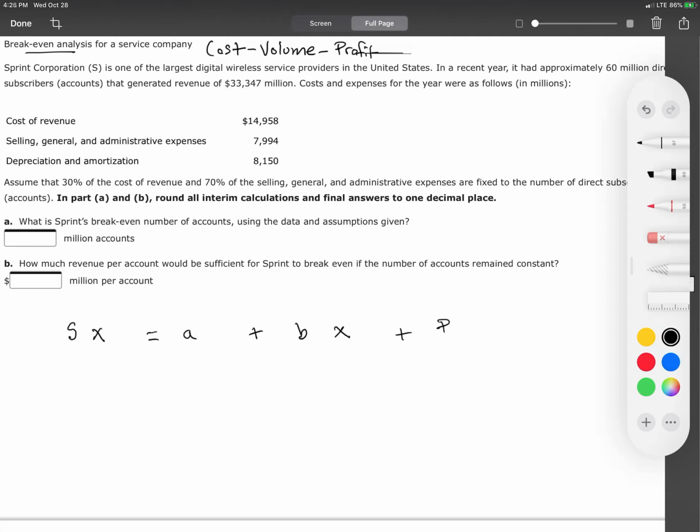So let's see here. Sprint Corporation is the largest digital wire service. It says 60 million subscribers. So 60 million is X. That's the number of units that we sell or subscribers that we have.